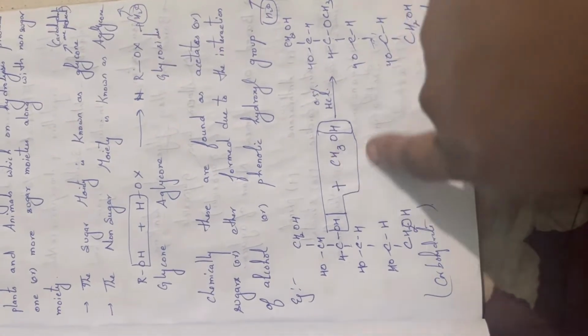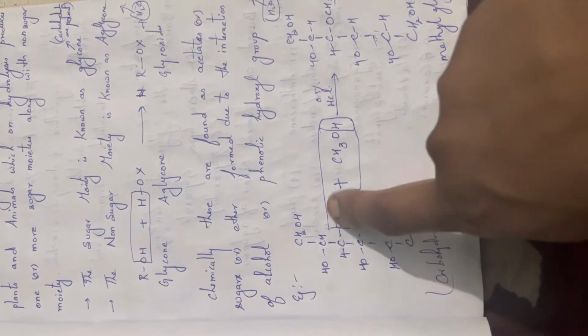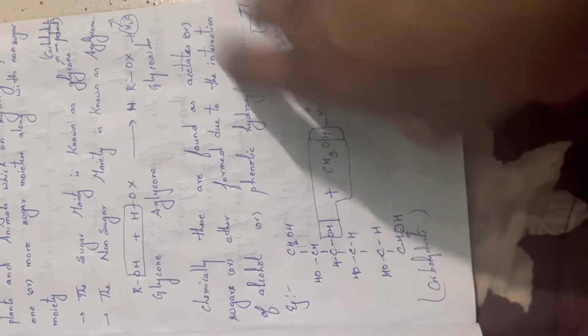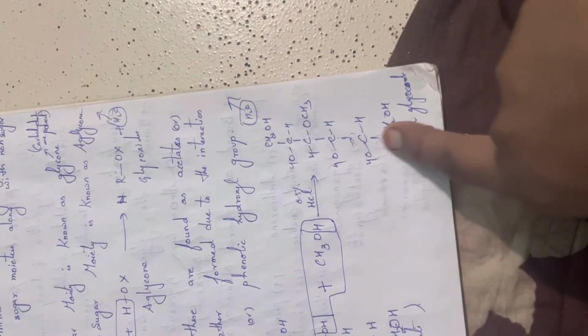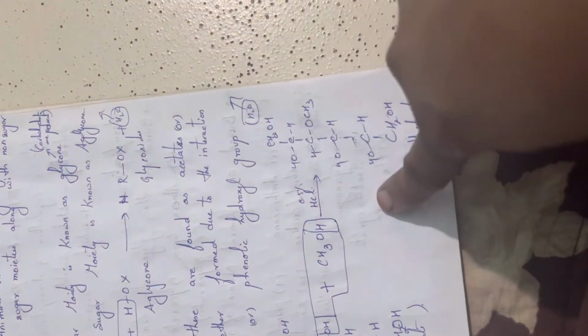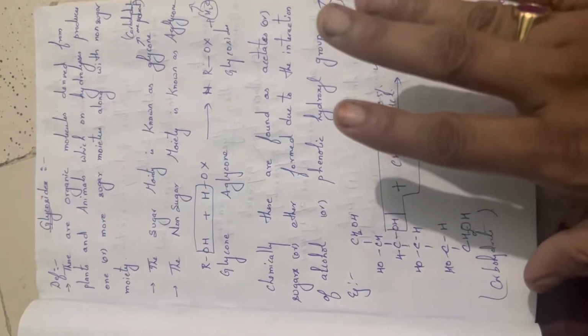When it interacts with an aglycone part, CH3OH, it liberates a water molecule, and the CH3O gets attached over here like this, and the water is liberated. So this is methyl glycoside. That is the introduction to glycosides.